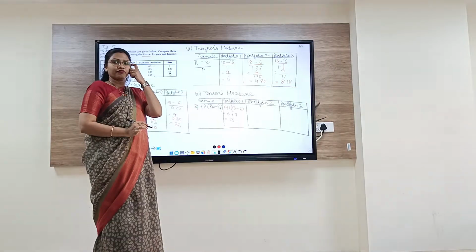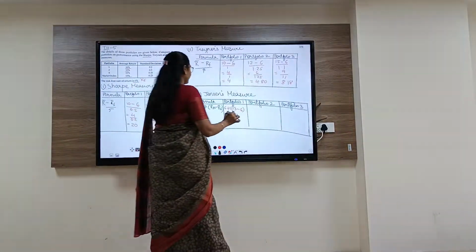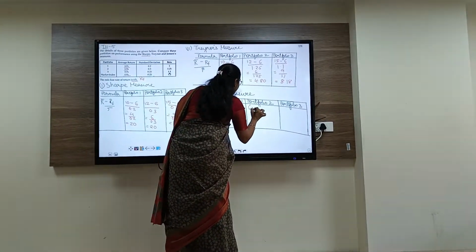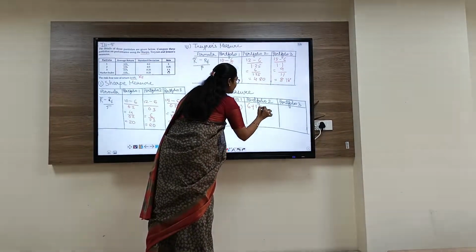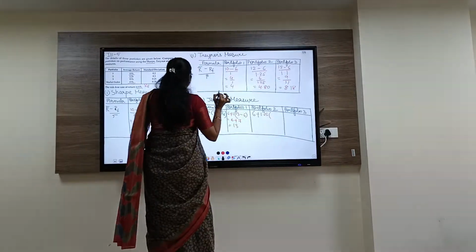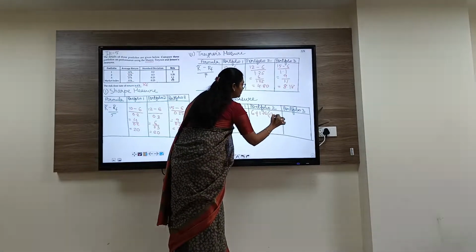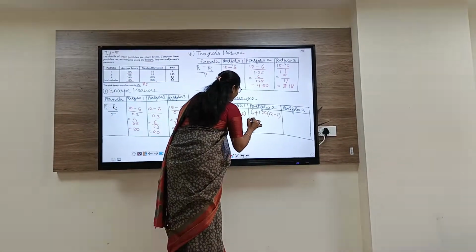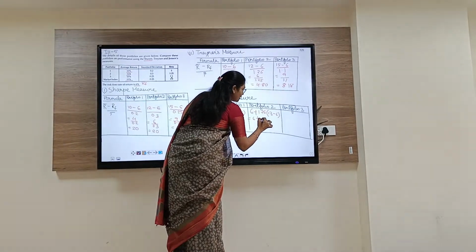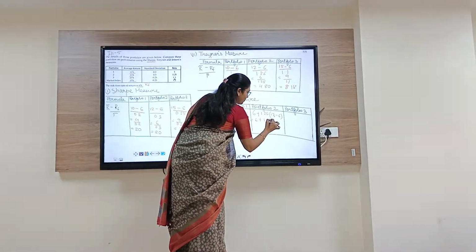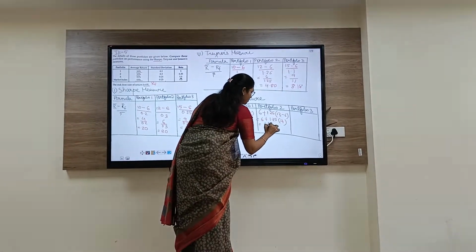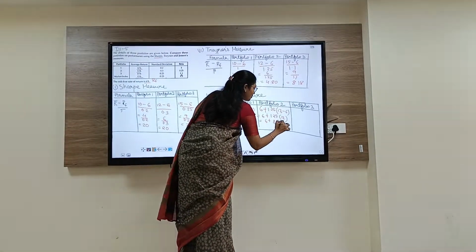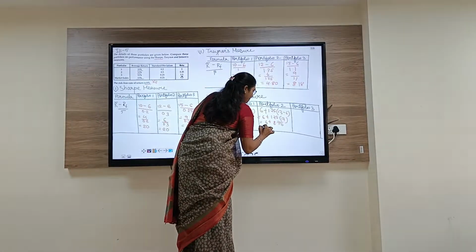Same way for portfolio 2. Risk-free rate of return is 6. Beta is 1.25. RM is 13, again minus 6. This will be equal to 6 plus 8.75. So total will be 14.75.